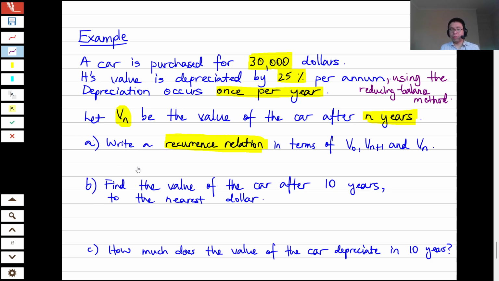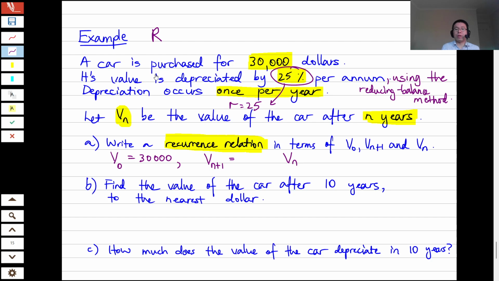So, our recurrence relation needs two parts. First, we need an equation defining the value of the car at the start, and that's 30,000. Next, we need another equation defining how we get the next number in the sequence from the previous one. Some number r times Vn. Now here, the depreciation rate is 25%, so I can define lowercase r to be 25.